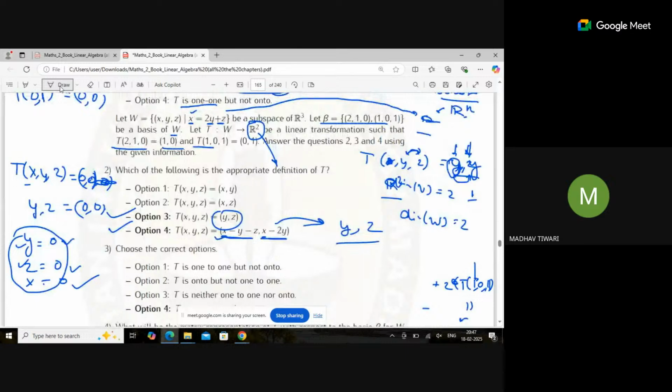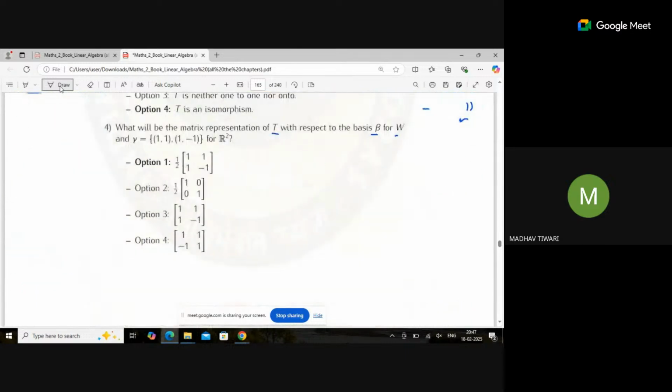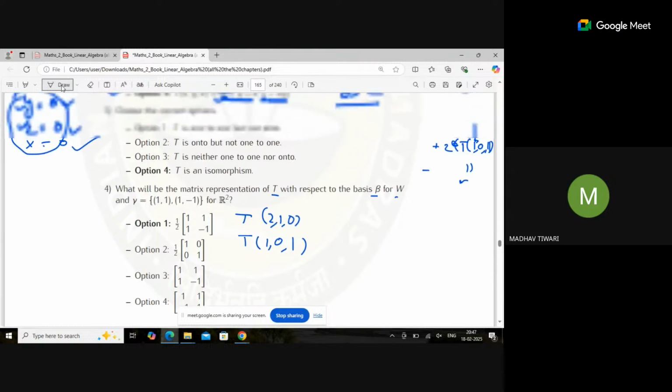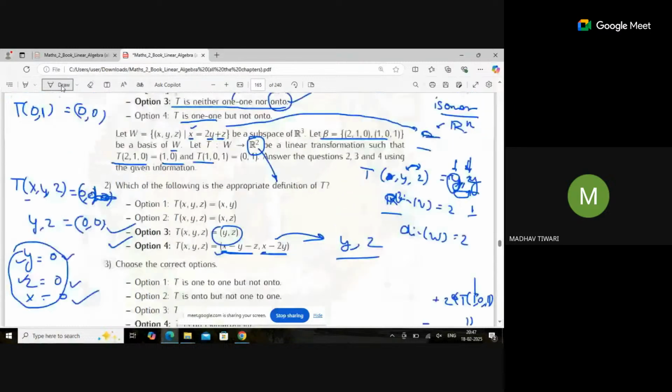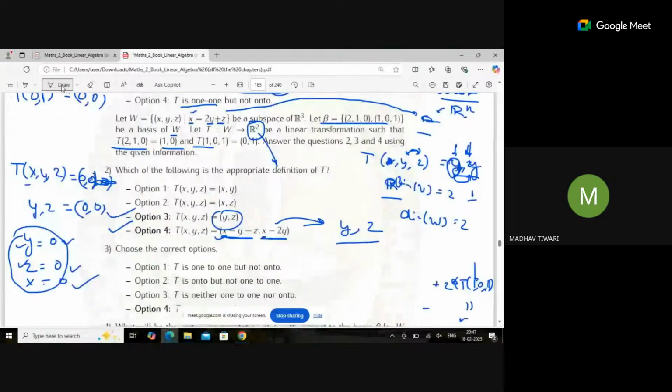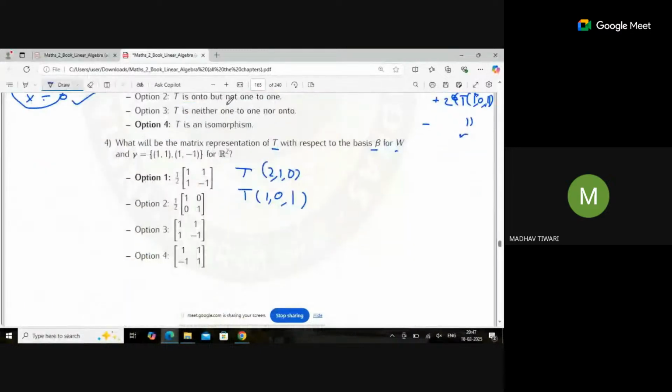Okay, this is 2, 1, 0 and 1, 0, 1. So the transformation of 2, 1, 0 and the transformation of 1, 0, 1, right? Yeah, it is 1 comma 0 and 0 comma 1. Okay, that's fine.